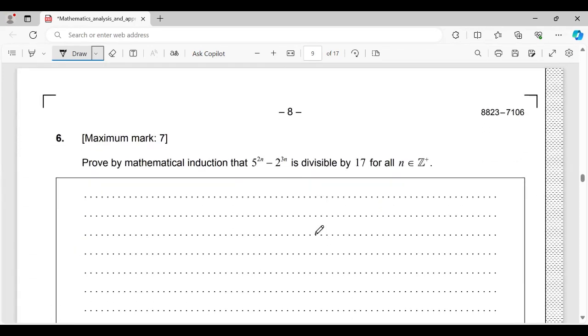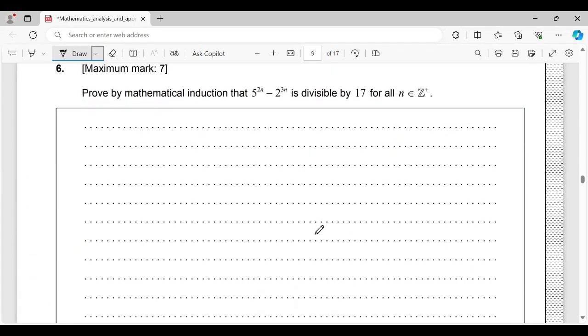Next, number 6. Prove by mathematical induction that 5 power 2n minus 2 power 3n is divisible by 17. So we're going to prove it by mathematical induction. There are 3 steps of mathematical induction.